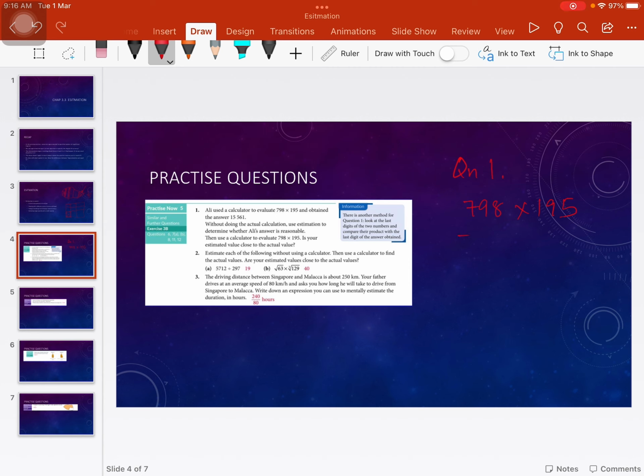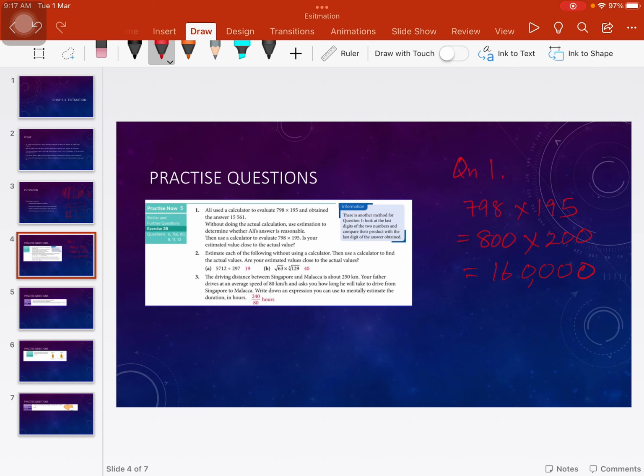An estimation of this will be 800, as close as possible. An estimation of 195, the closest number that you can get to round off is 200. So at the end of the day, the answer should be around 160,000.